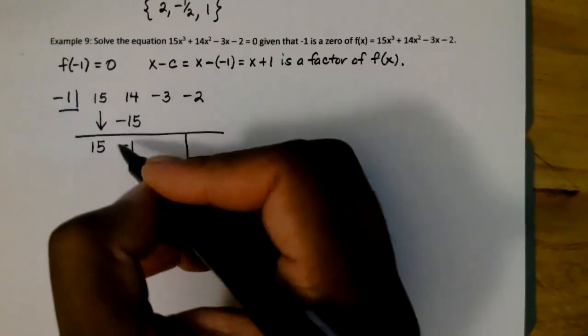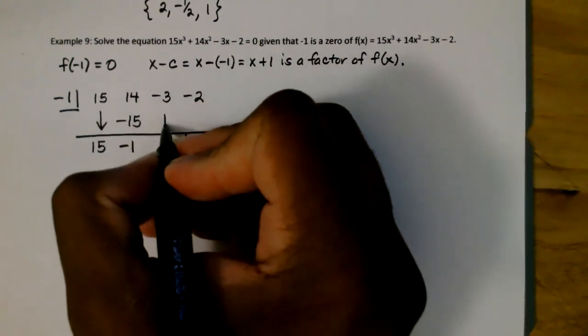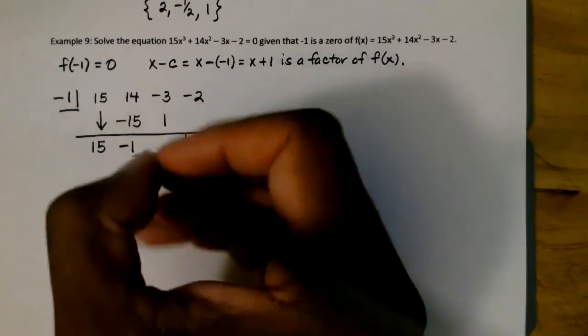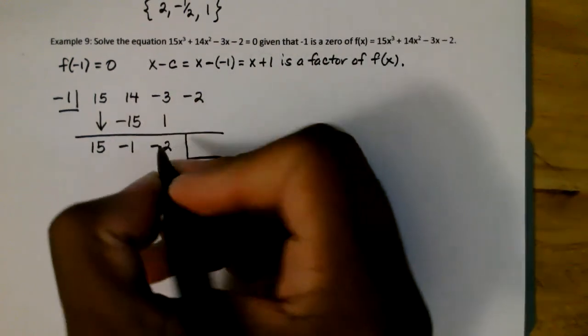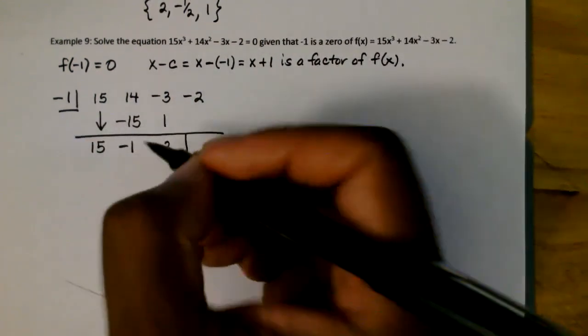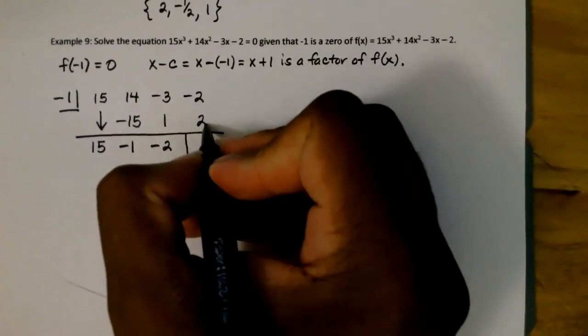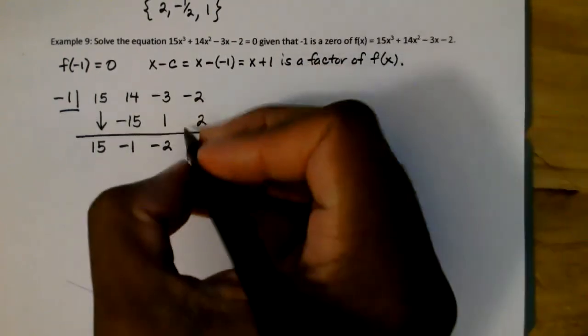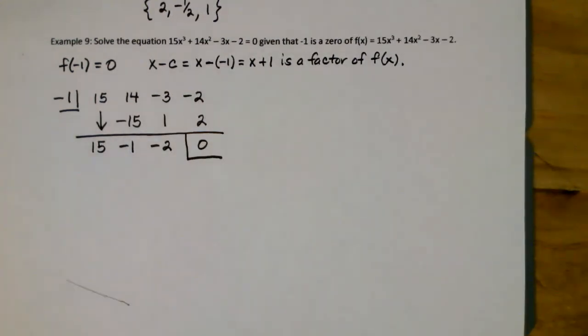And then -1 times that -1 will be +1. -3 plus 1 will be -2. And then finally, -1 times the -2 would be +2. -2 plus 2, that's 0. Which I would expect to get because I know that -1 is a 0 of the given function.